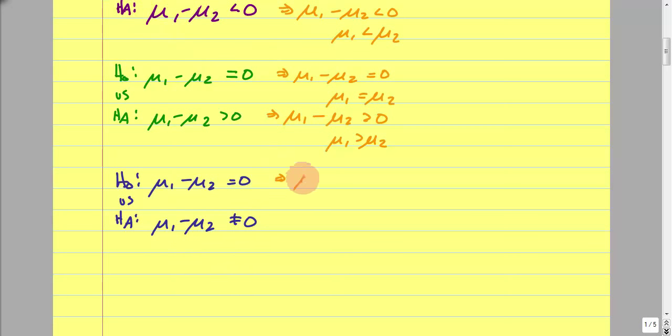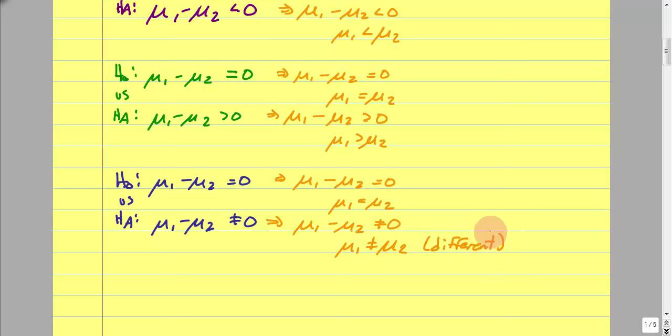So again, as above, mu1 minus mu2 equals 0. Add mu2 across and I get mu1 equals mu2. mu1 minus mu2 does not equal 0. Add the mu2 across and I just say, you know what? They're not the same. They're different somehow. The two means are different.